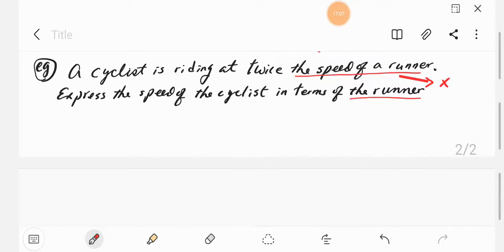So the speed of the cyclist is what? Twice the speed of the runner. So 2 times the runner. What's the speed of the runner? x. So it'll be 2x miles per hour, whatever the rate is. So we can write the speed of the cyclist is 2x.